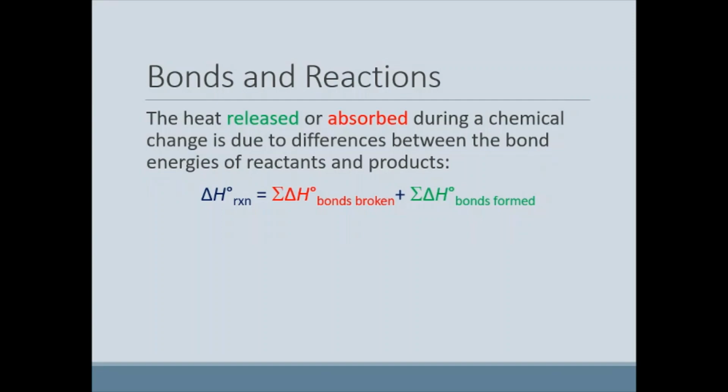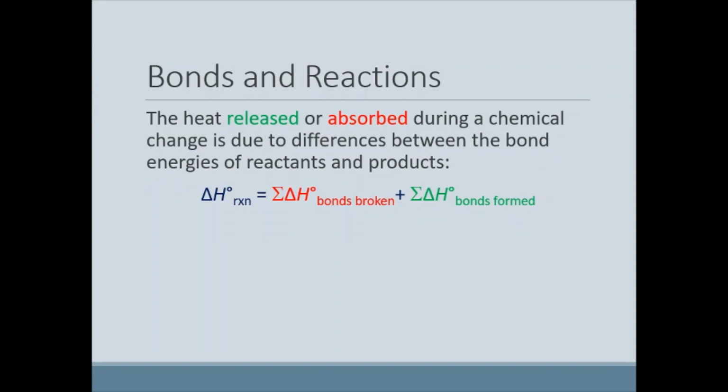And so when we start talking about chemical reactions, the enthalpy of a chemical reaction is always going to be composed of how much energy is required to form these bonds and how much energy is required to break these bonds. As I've stated in the past, some of this comes down to the sign convention.